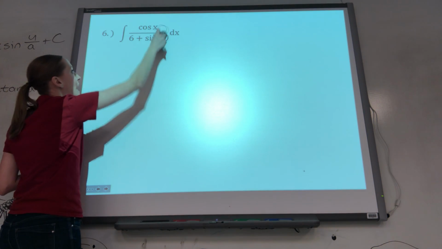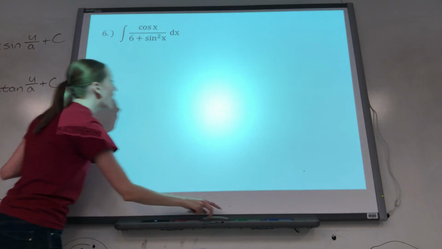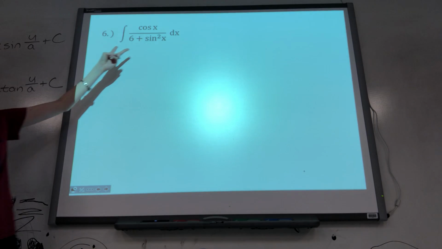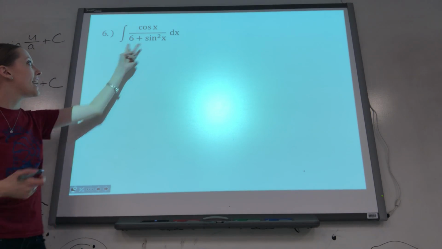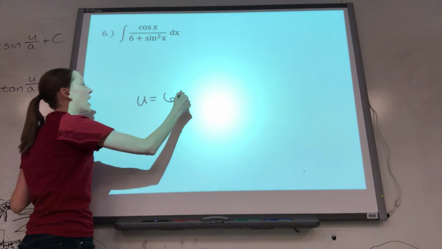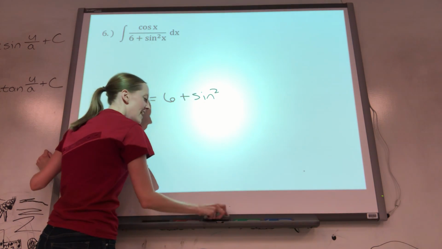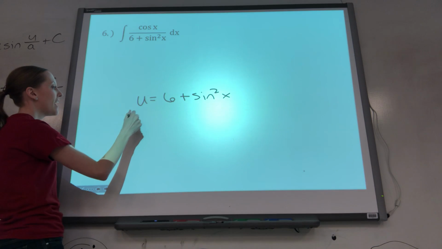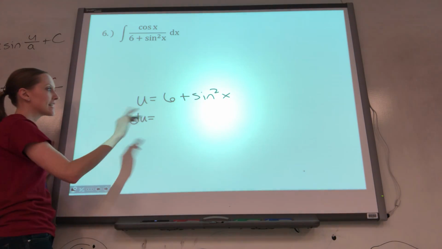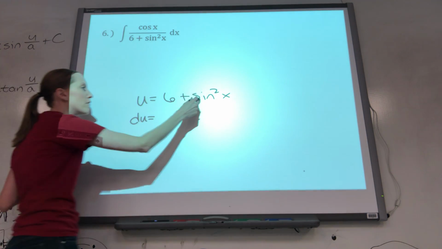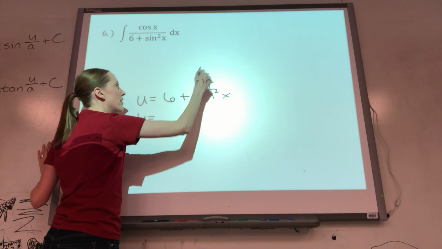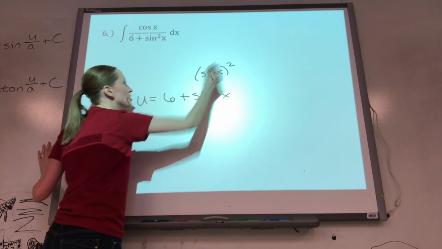Other options we had were natural log, but again, if this was U, to take the derivative of 6 plus sine squared of x, derivative of 6 is nothing, but for this part, I kind of want to think of that as sine of x squared.